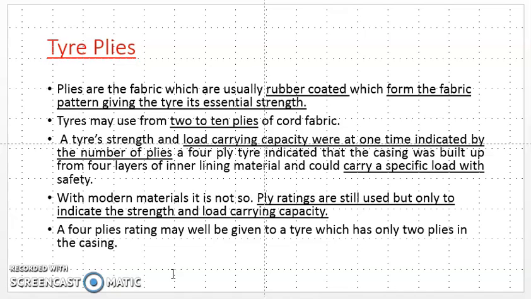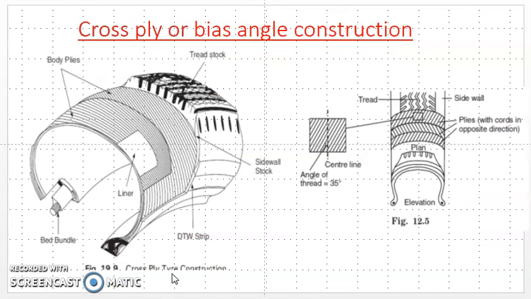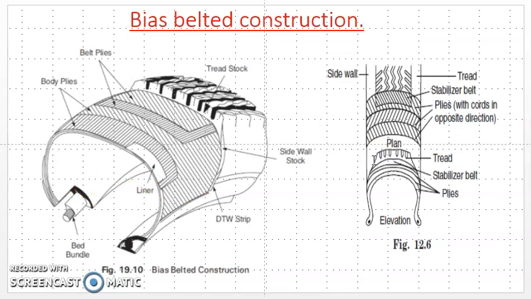We have seen tire plies, three types: cross ply, bias construction. These plies, first and second, are placed over one another in a cross direction. In the bias belt construction, it is the same as cross ply, only a belt ply is added.